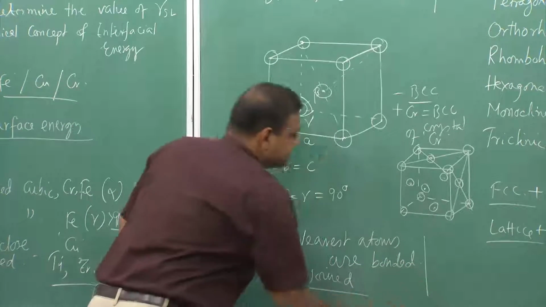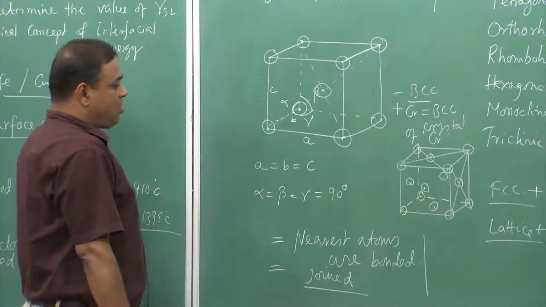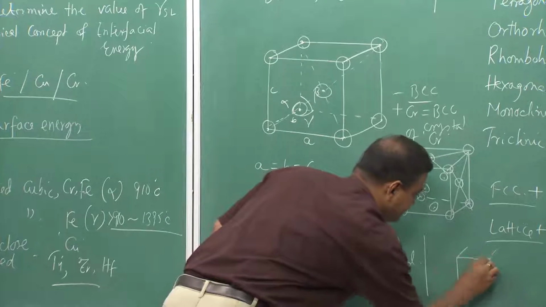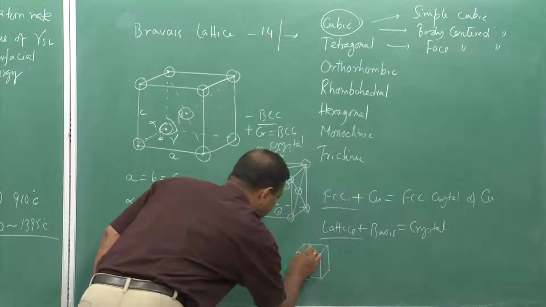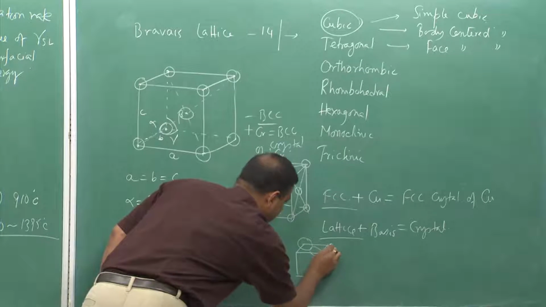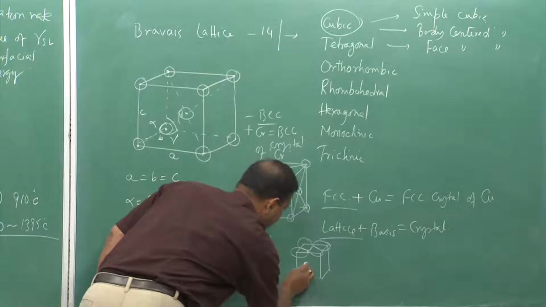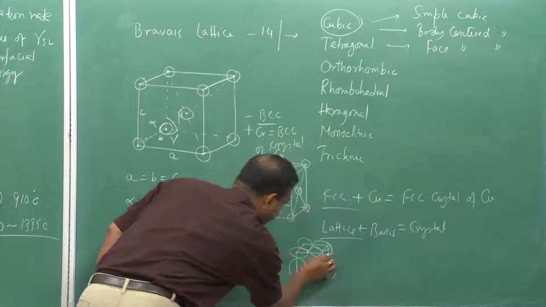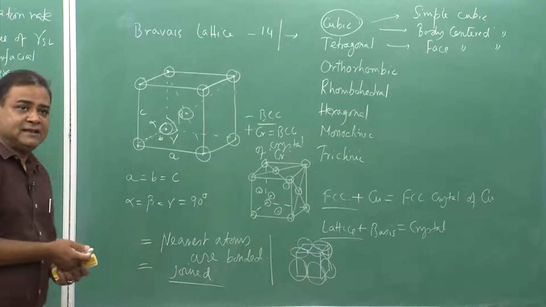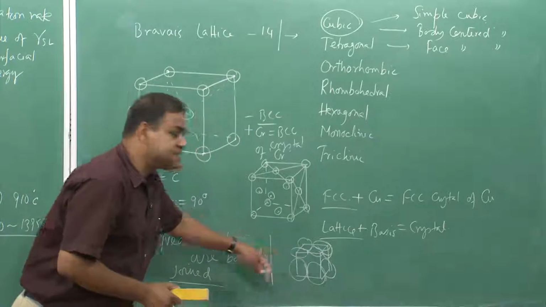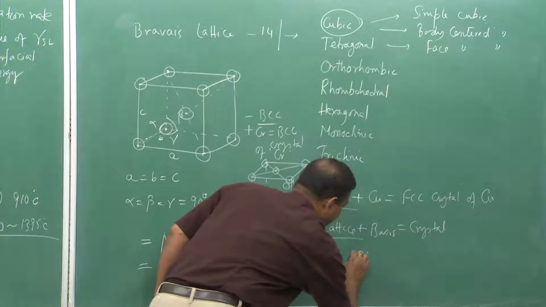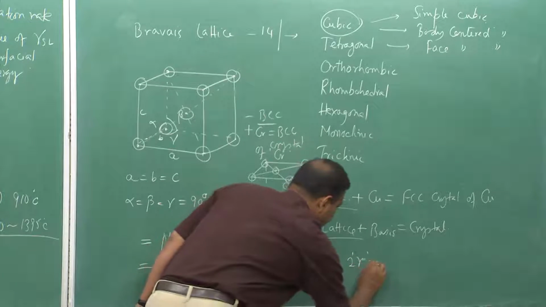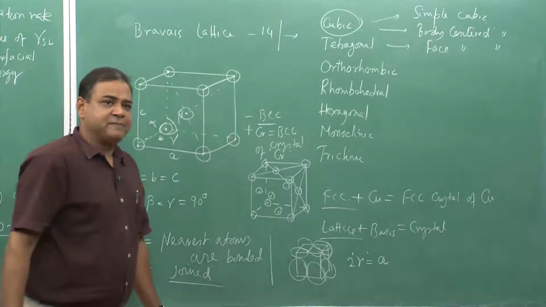Now, in case of simple cubic, all the atoms will be joining together. If we draw a simple cubic, this is also connected, so all the atoms are connected. If r is the radius of that sphere, then 2r is basically a, which is the lattice parameter.